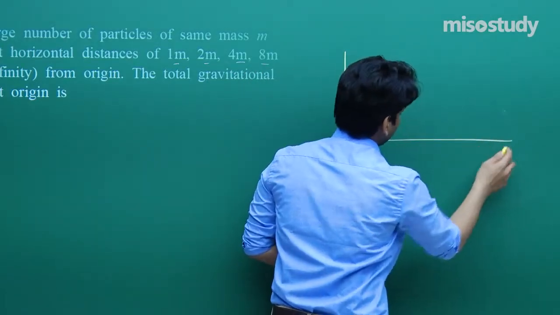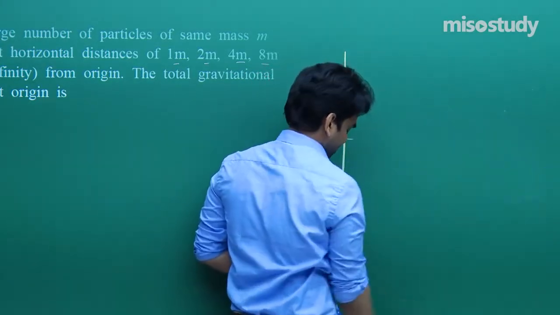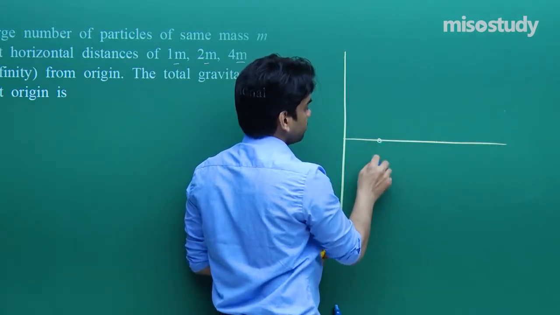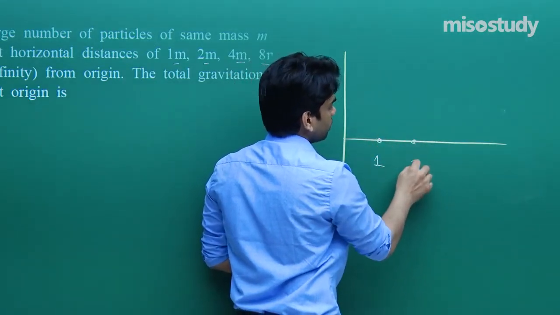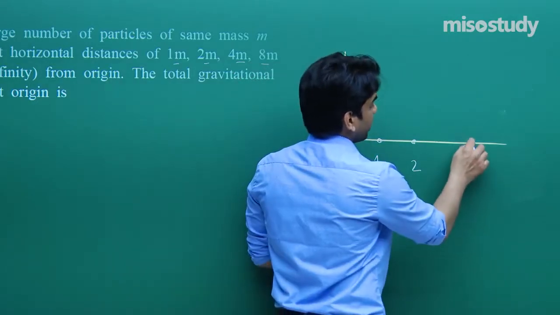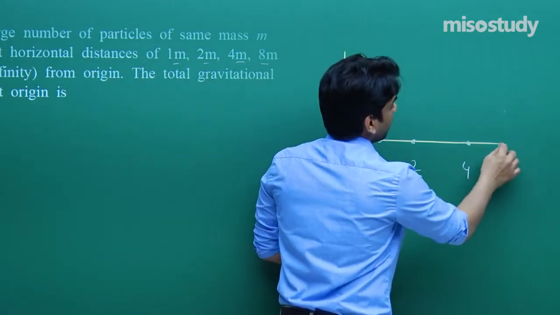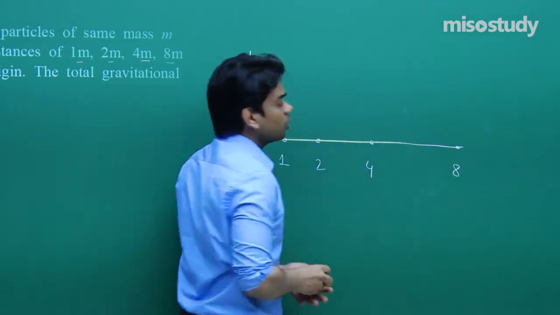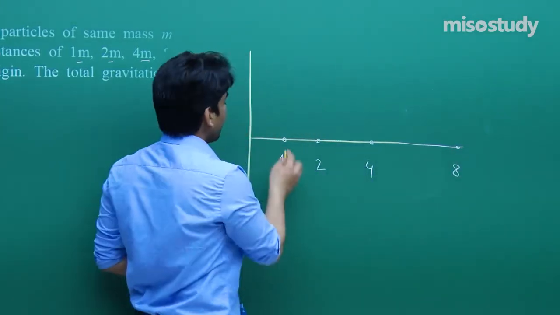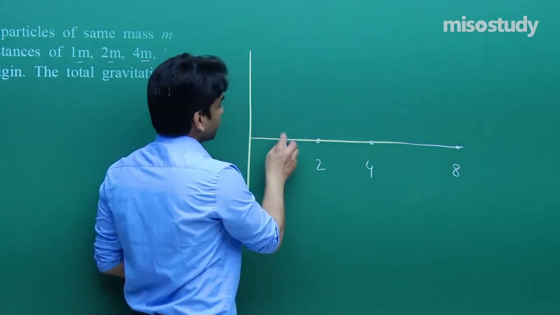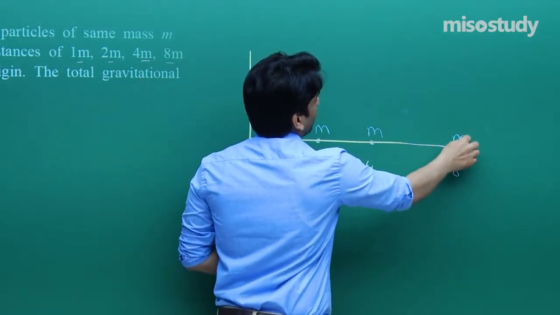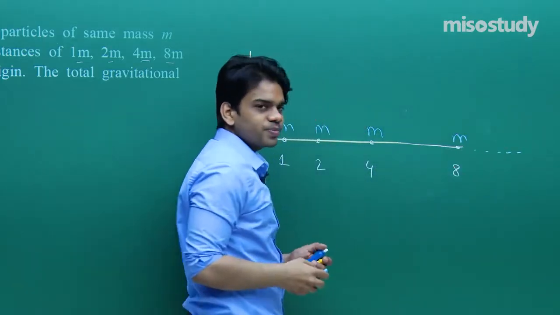This is the y-axis, this is the x-axis, and the particles are located here at 1, then 2, the third particle is at 4, and the fourth particle is at 8. This is how the particles are located as per the given instruction in the question. So m here, m here, m here, m here, and the pattern continues.